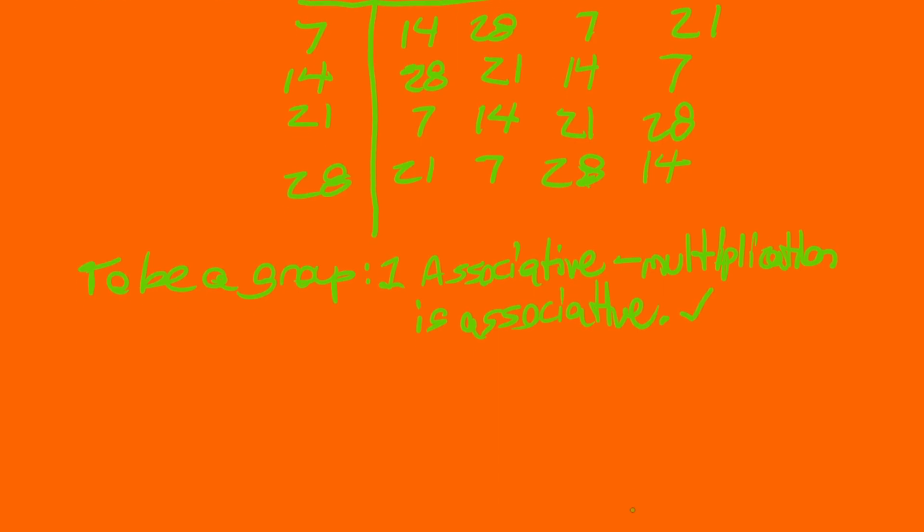Then we need to have an identity, which is when an element multiplied with another produces the element.